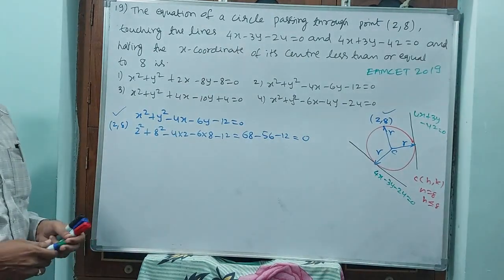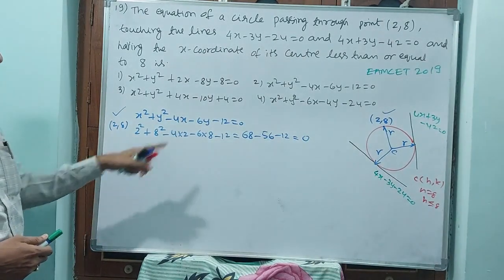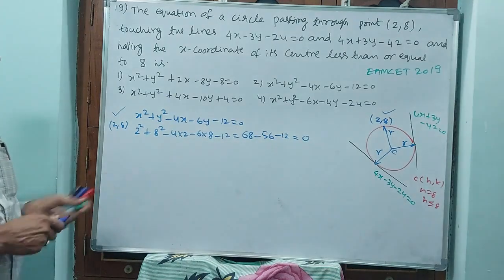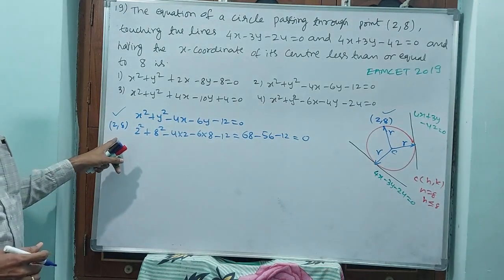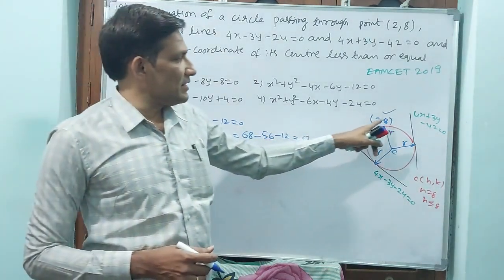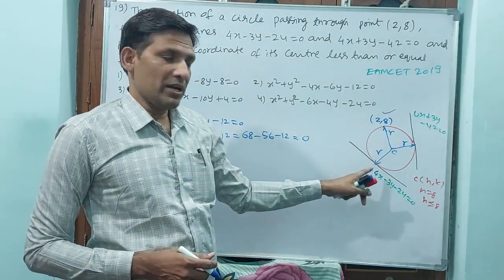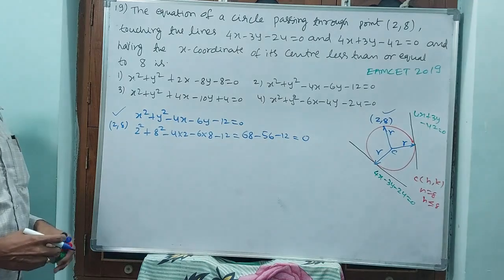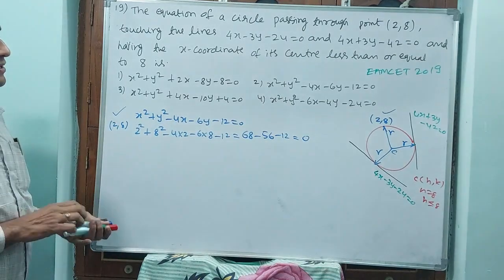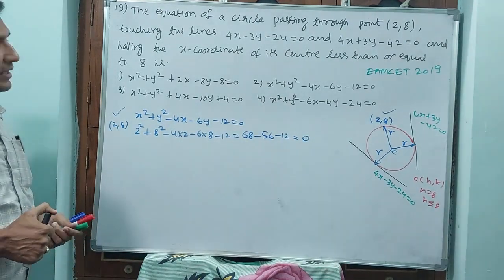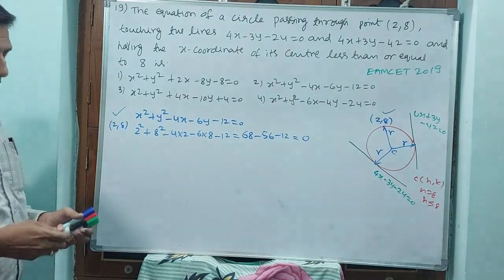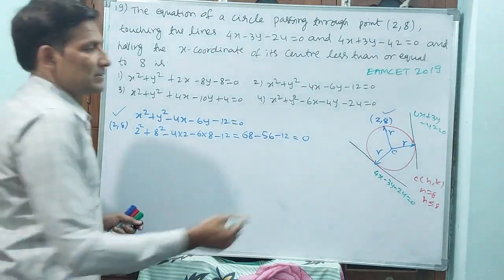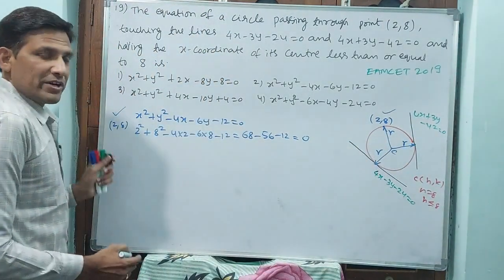Then you substitute, that's all. Why? Because see, you have substituted (2, 8) in this equation. Now for the center (h, k) also you take the perpendicular distance, whatever it may be. That also you have to substitute. See, the perpendicular distance is r.